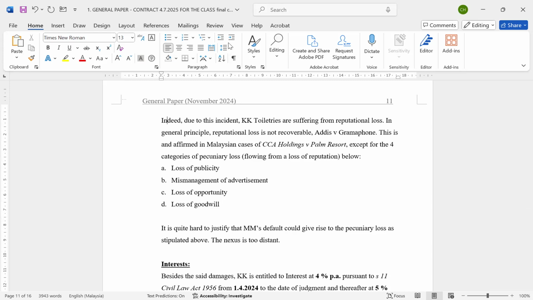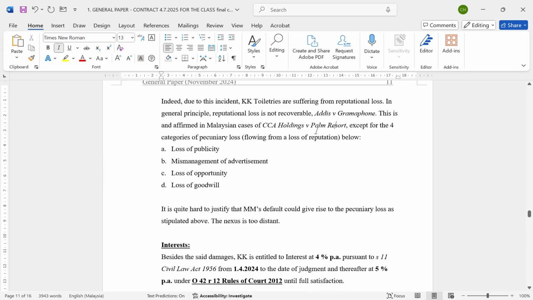But in conventional, according to the case of Alice against Gramophone and one case in Malaysia, CCA Holdings against Palm Resort, those type of reputational harm normally is not recoverable.